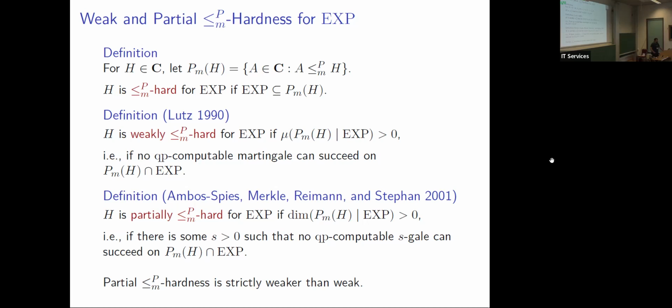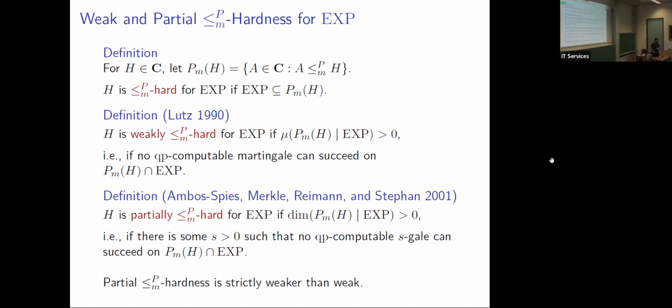And we can further weaken that by saying, okay, what if we didn't try for positive measure, we just try for positive dimension there? Because there are measure zero sets of every dimension. So positive dimension is a very weak condition.